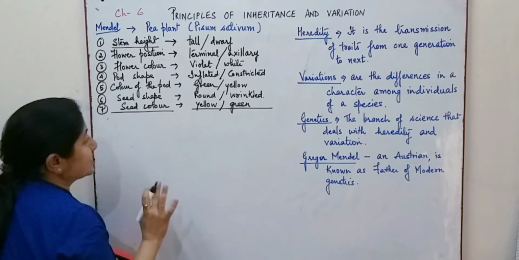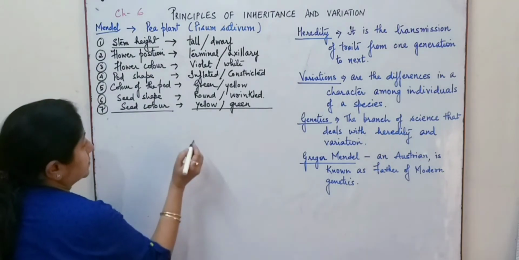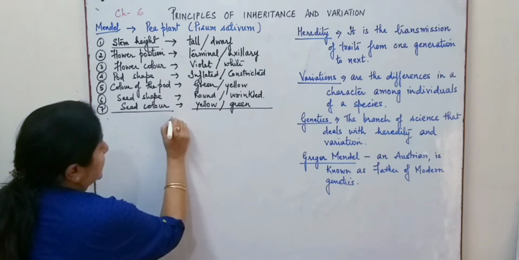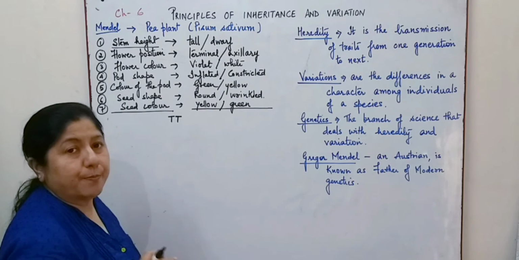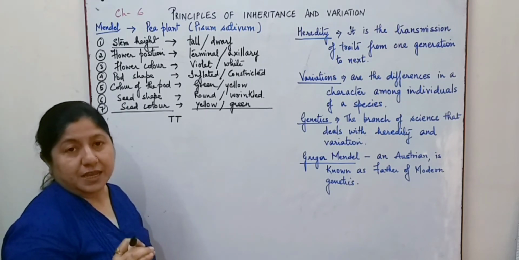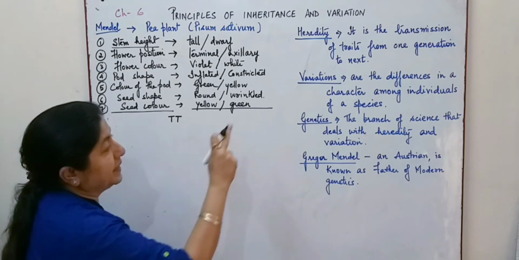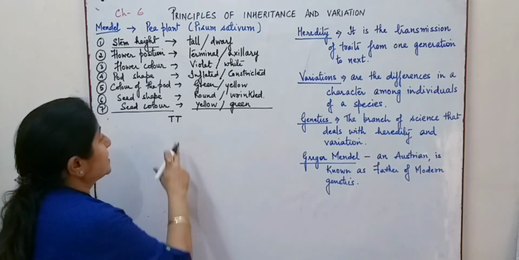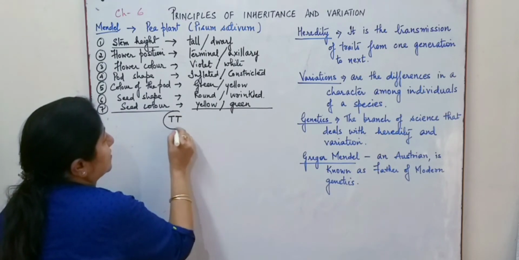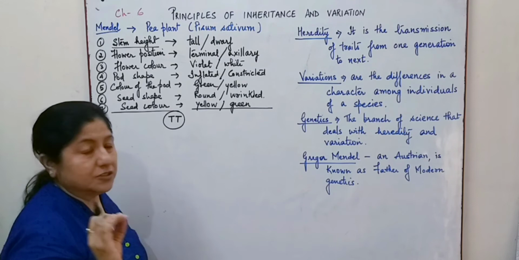So if we take stem height as the trait, then each trait is governed by a gene, and that is known as the factor. Mendel called it a factor, but it is the trait which is being defined by a particular gene.